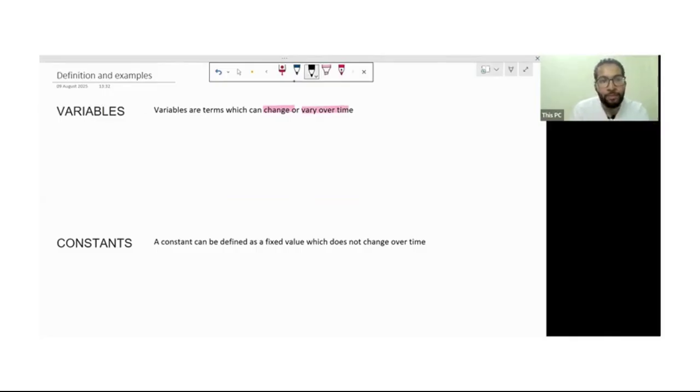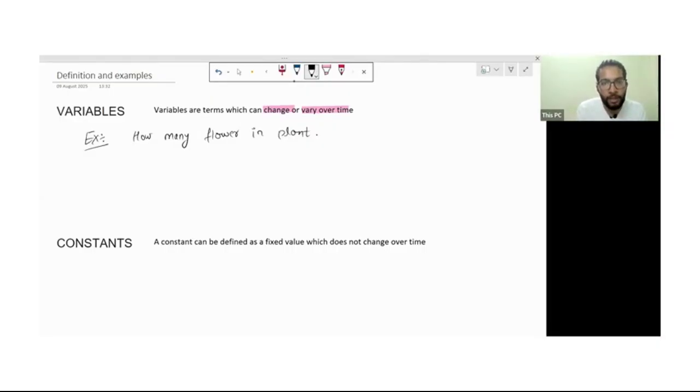So if I explain this using some example, suppose if I ask you how many flowers are in any plant. So this is not fixed.